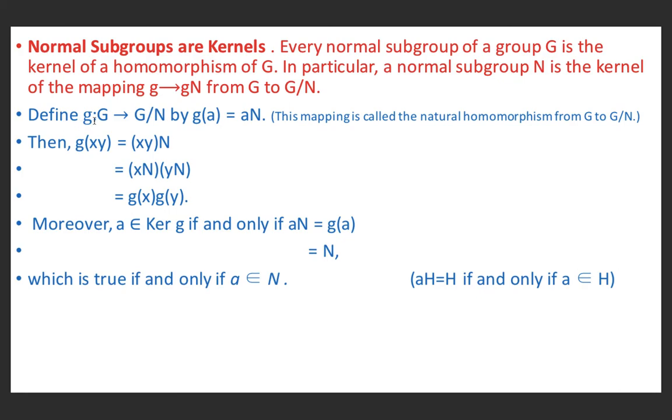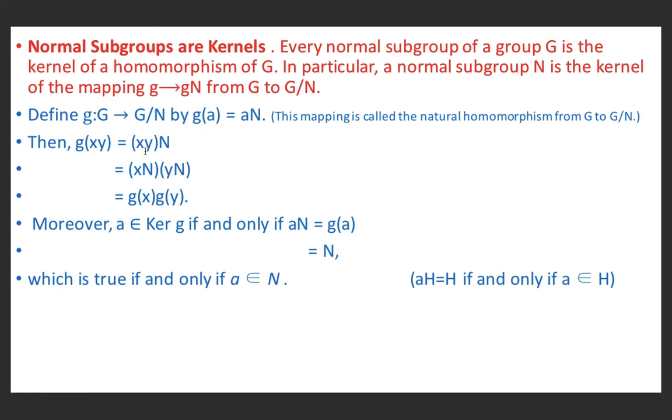So if we define the mapping g from G to G by N by g of a equal to aN, where aN is the right coset, although we know that left coset and right coset are the same in this case. This mapping is called the natural homomorphism of G to G by N.